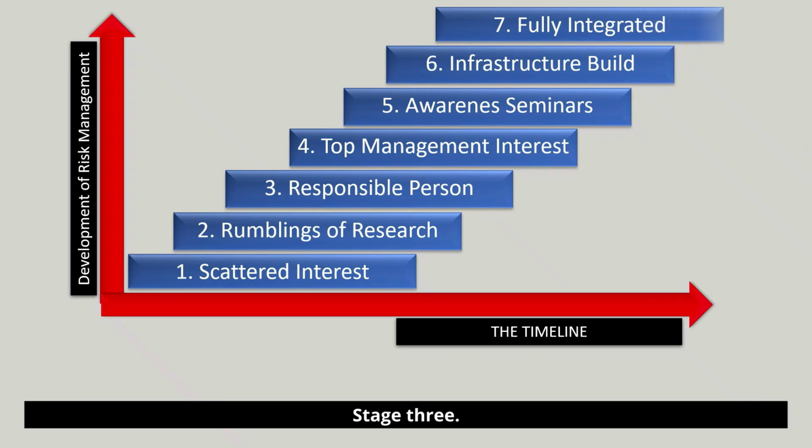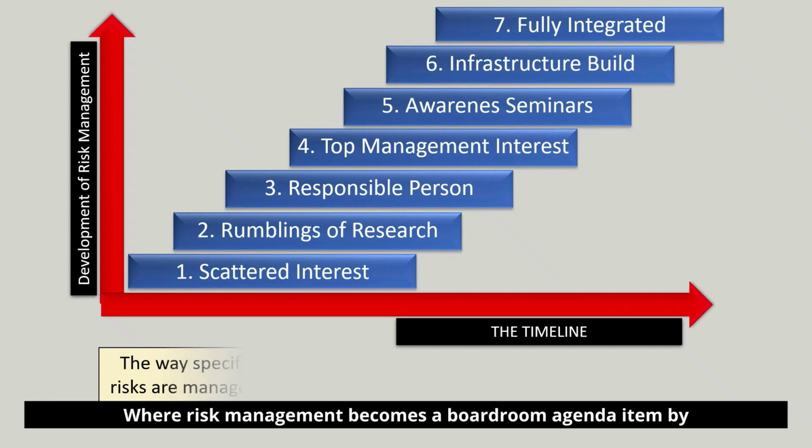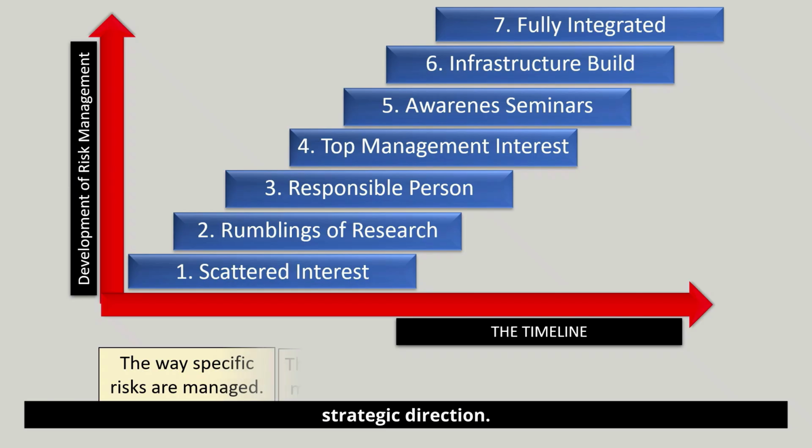Stage 3. Responsible person. An organisation arrives at stage 3 when it's prepared to appoint a chief risk officer. Stage 4. Top management interest, where risk management becomes a boardroom agenda item by setting a clear policy and strategic direction. Stage 5.